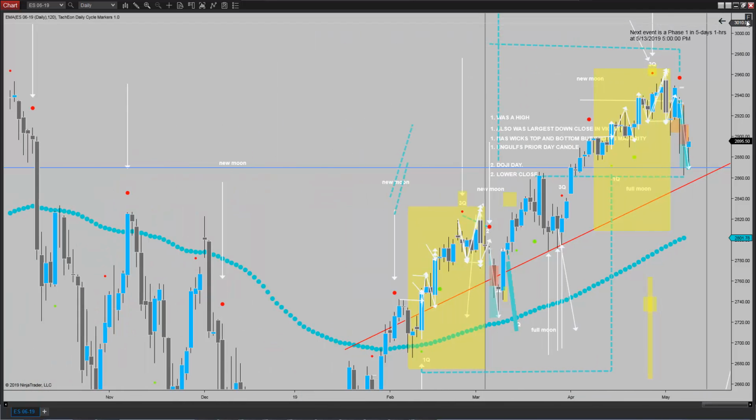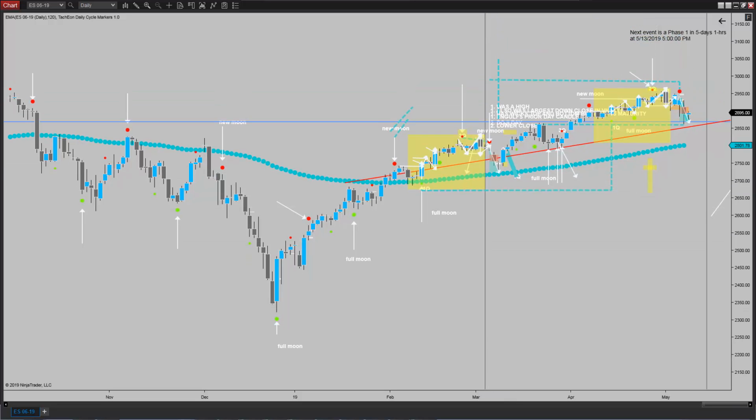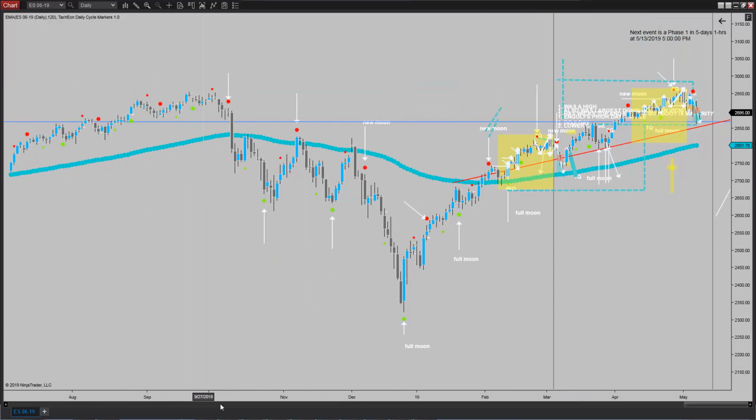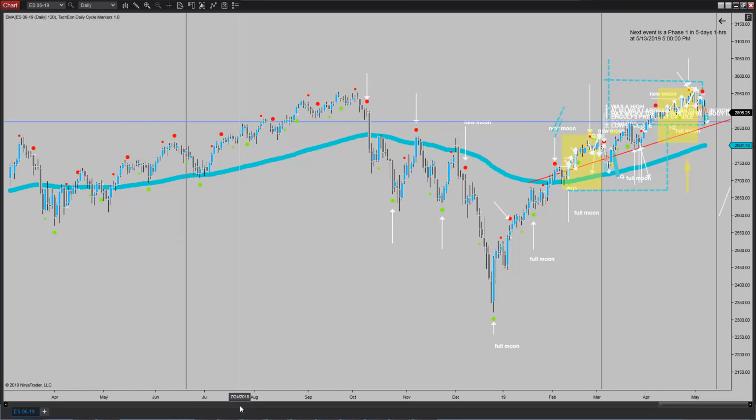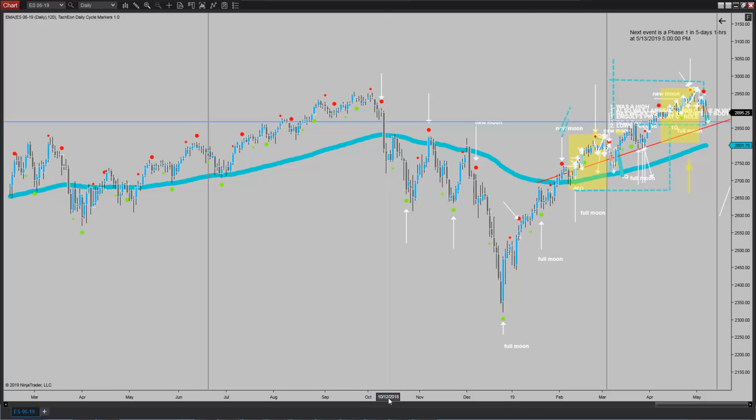We are electromagnetic creatures, and we receive that energy, and it sort of drives how we work and what we do. And again, now that you know what the different phases of the lunar patterns represent on this chart, it's hard to argue against the fact that there is an effect, right? And again, this is the ES June contract, and I have the lunar phases on top of it.